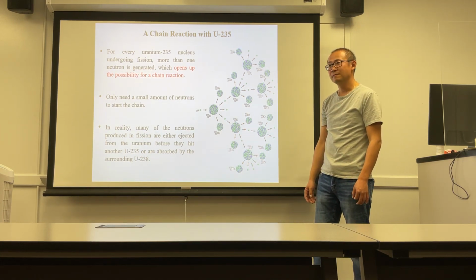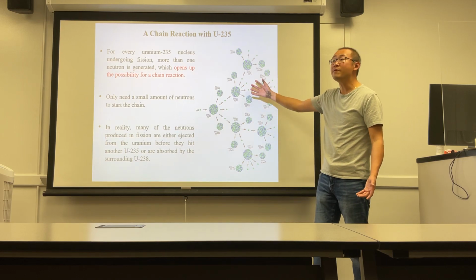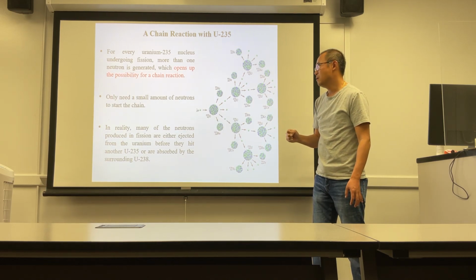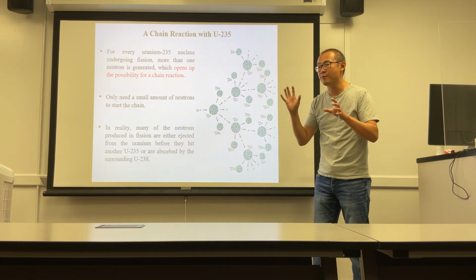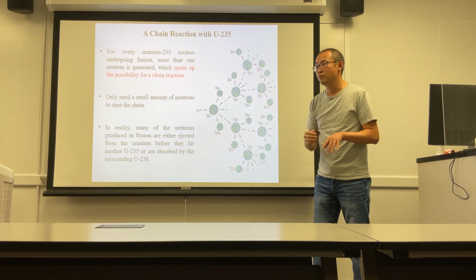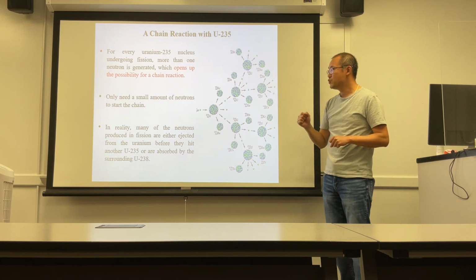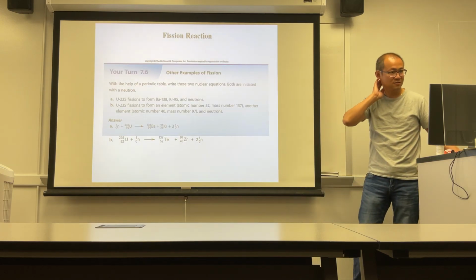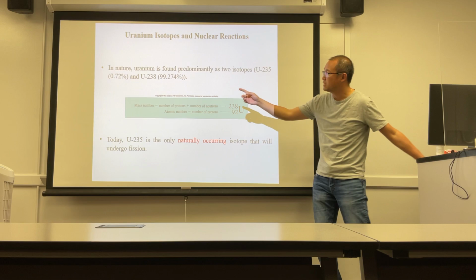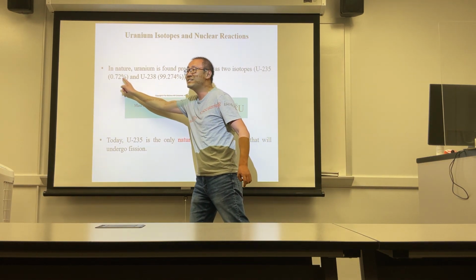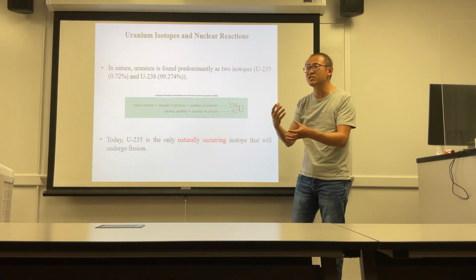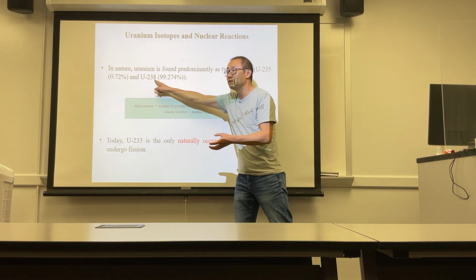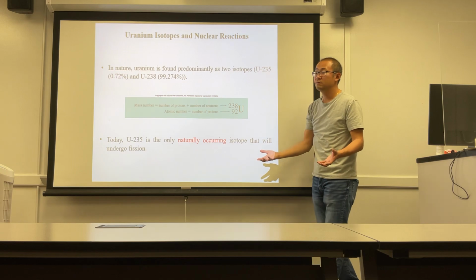Does it make sense? Now, chain reaction is possible, but in reality, you don't see chain reaction a lot. The reason is, remember, uranium-235 only has what percent? Less than 1%. Means what? If you have a uranium sample, most of the uranium is what? 238.